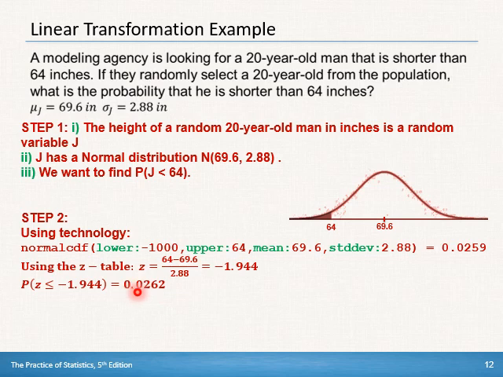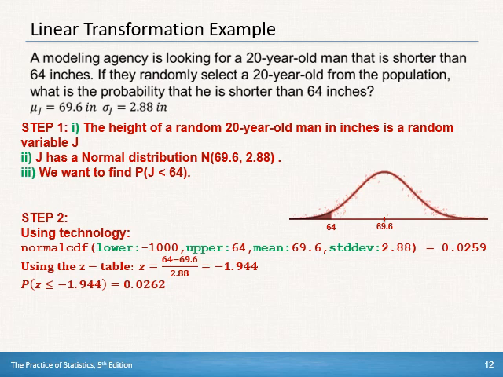Now notice our answers are slightly different because the z-score table's accuracy only goes out to 2 decimal places. Here, this 4, for example, isn't being used in the z-score table. So this value of 2.62% is a little high compared to the more accurate value over here.